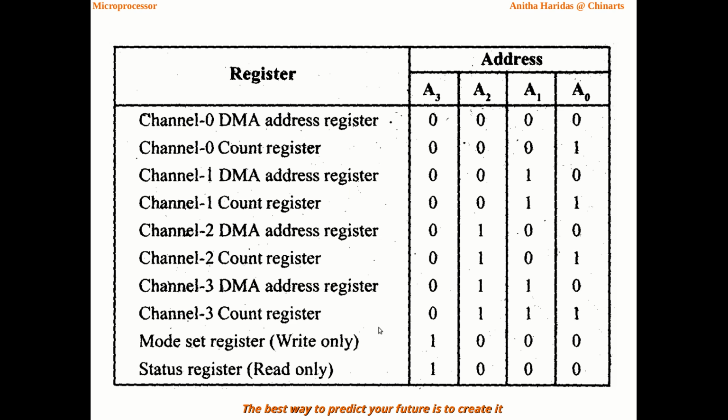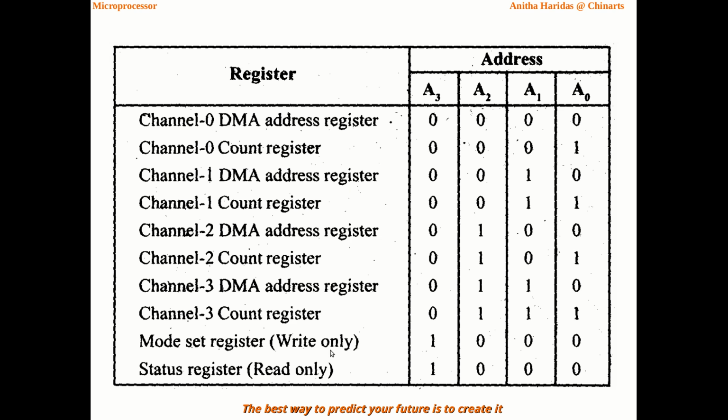Then we have one difference you have to find here. I said 1010 would be used for the 10th register. But instead, they are going to use the address 1000 itself for the mode set register as well as for the status register.